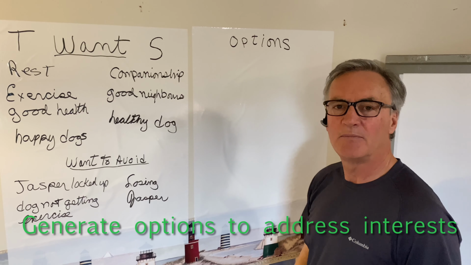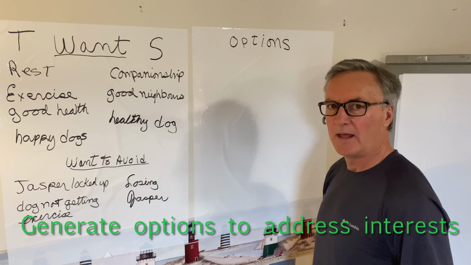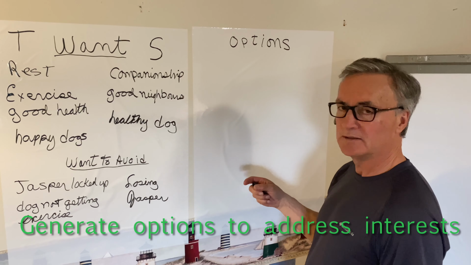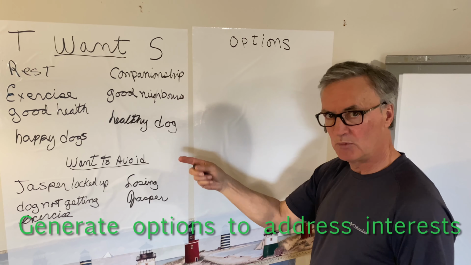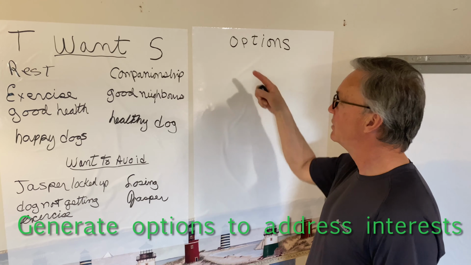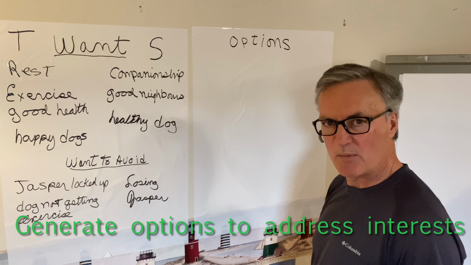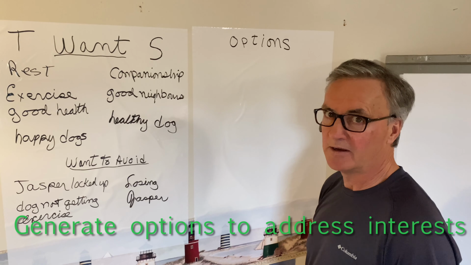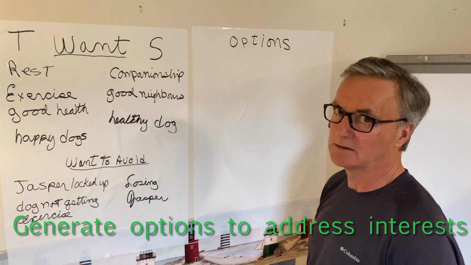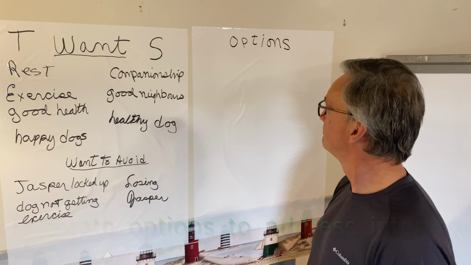You'll recall from the overview of the model that the logic is that once you know what you want and what you want to avoid, then you can build options that will help you to get that. And remember that they started with the options under the dog bylaw: silence the dog or get rid of it.